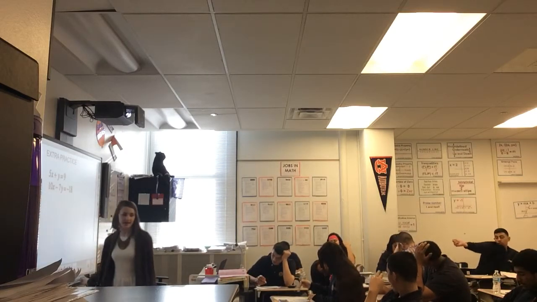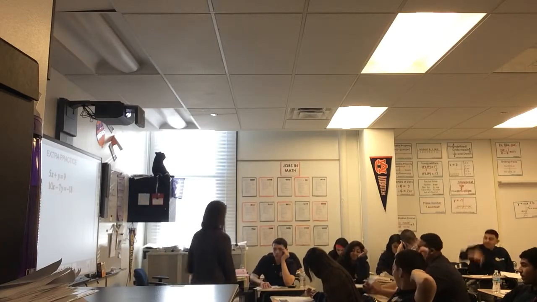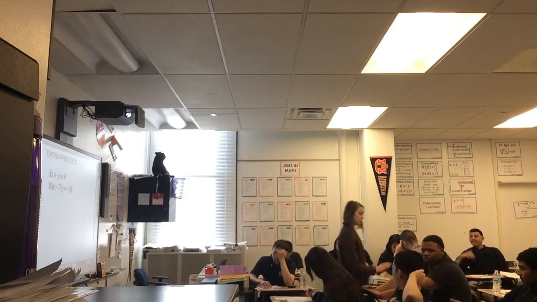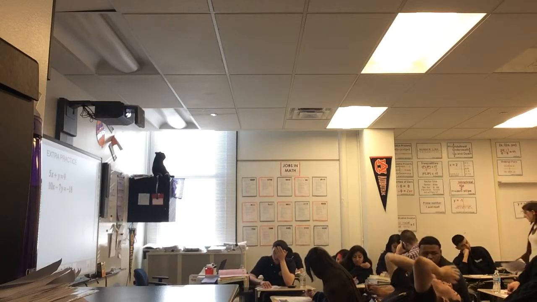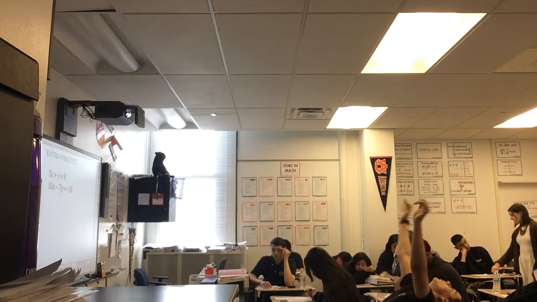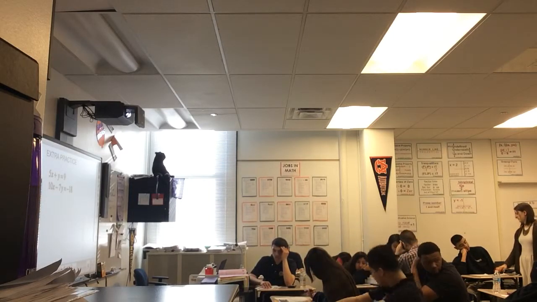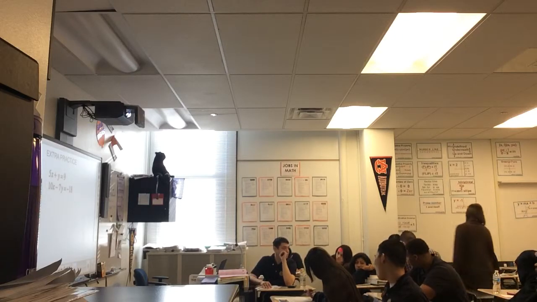What did you multiply everything by? Well, tell me what would happen if you multiplied this by -5. Yeah, but you need to be able to cancel out. So what could you maybe multiply? Is that going to help you?